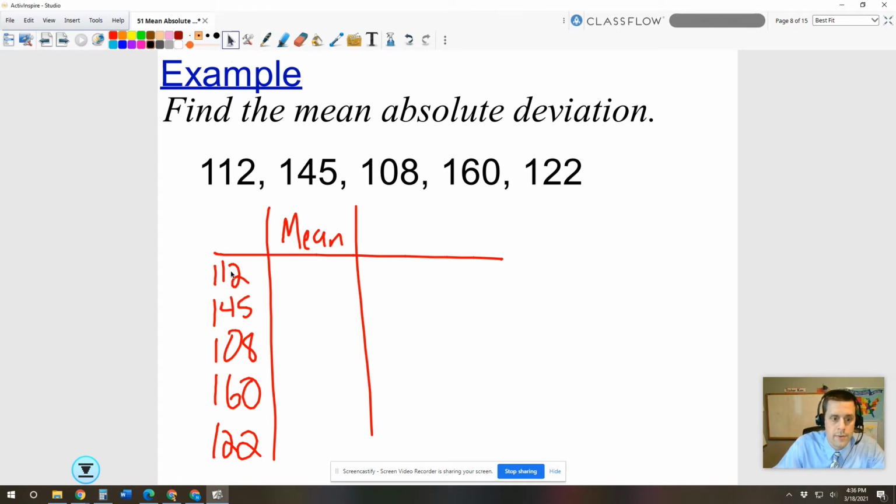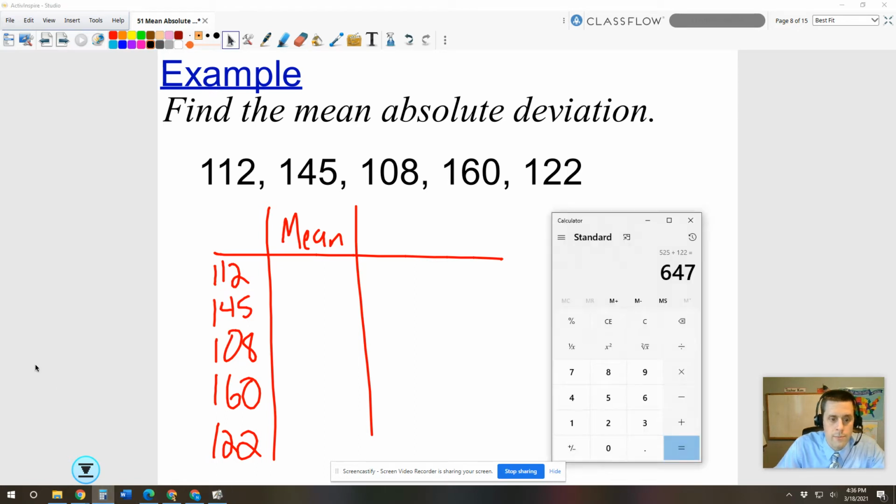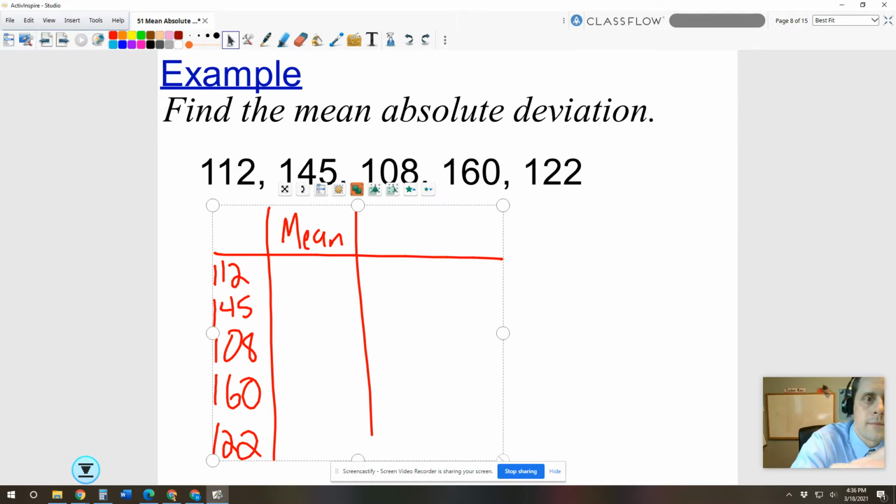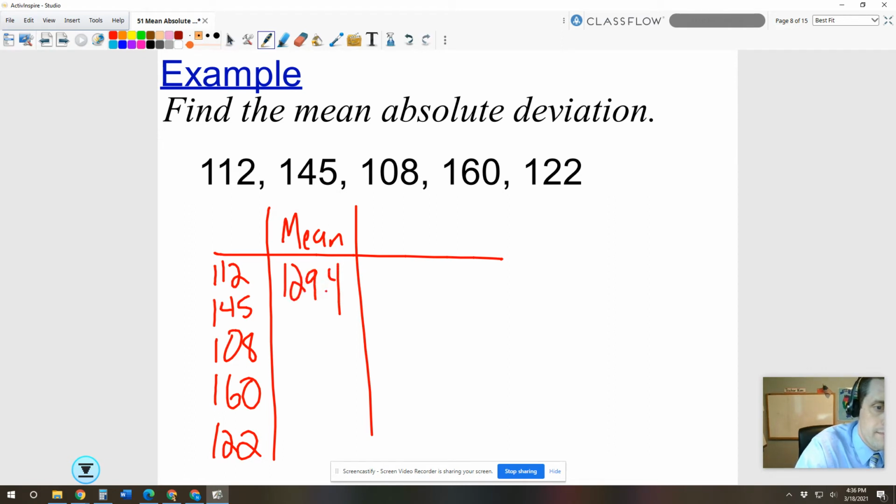In our data set, we had 1, 2, 3, 4, 5 values. So I'm going to divide that sum by 5, and I get a mean of 129.4.